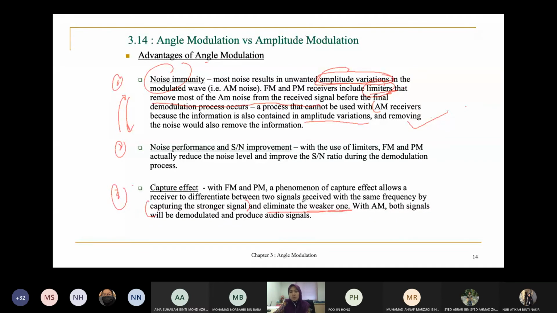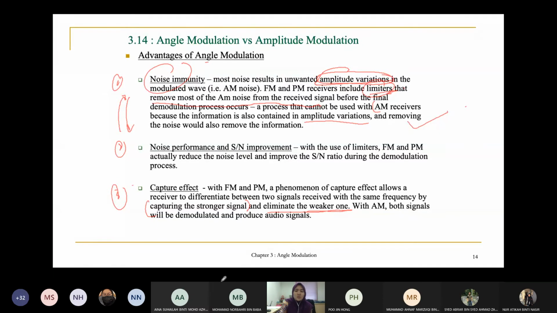But in amplitude modulation, you cannot eliminate the weaker signal. Even though you have two signals received at the same frequency, amplitude modulation will demodulate both signals and produce the audio signal.